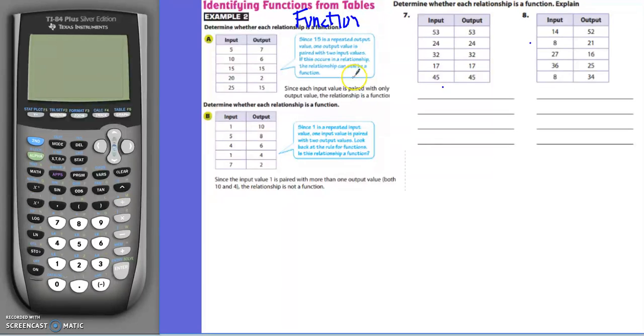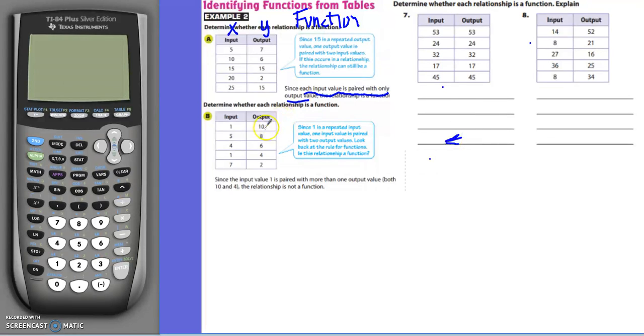The reason why this is a function is each input has only one output. Not one of these x's were repeated. They were 5, 10, 15, 20. Each input value is paired with only one output.